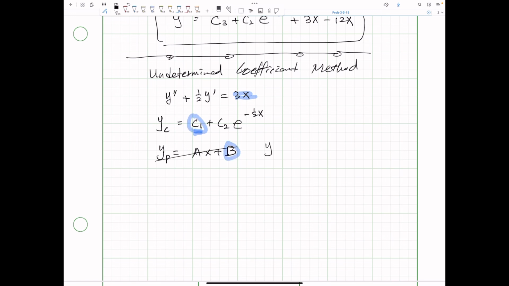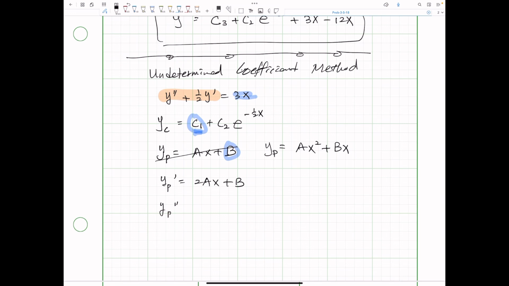So now we need to let yp be ax squared plus bx. Okay, so we multiply by x, increasing the degree of x by 1. And we don't want to have the constant term because we already have a constant term in yc. And we have double prime and prime. Yp prime is going to be 2ax plus b.